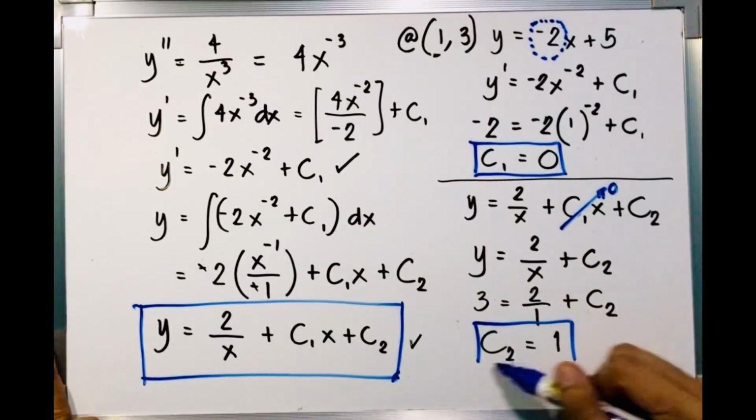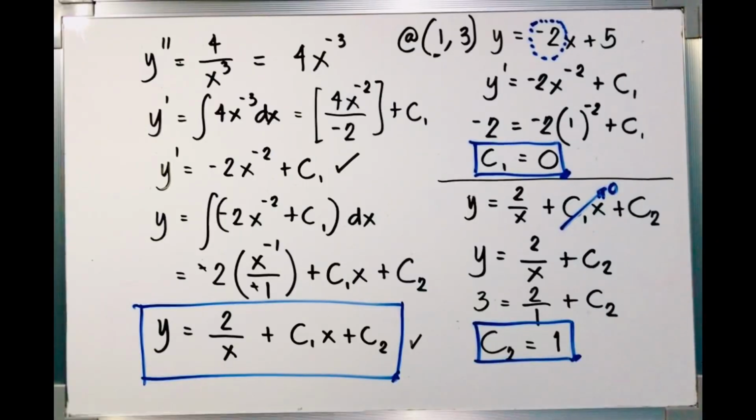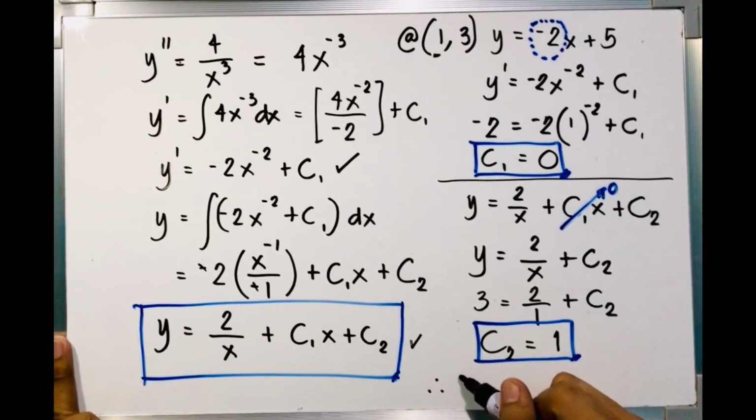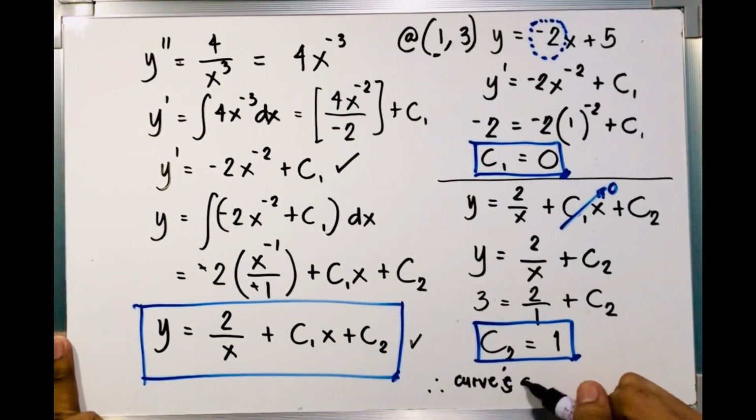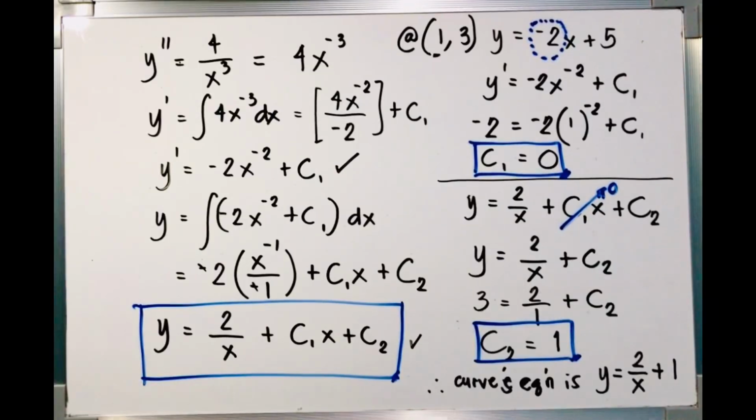At ang huli natin gagawin is i-substitute yung values ng c1 at c2 dito sa main equation natin. Therefore, the curve's equation is y is equal to 2 over x plus 1. At yan ang final answer.